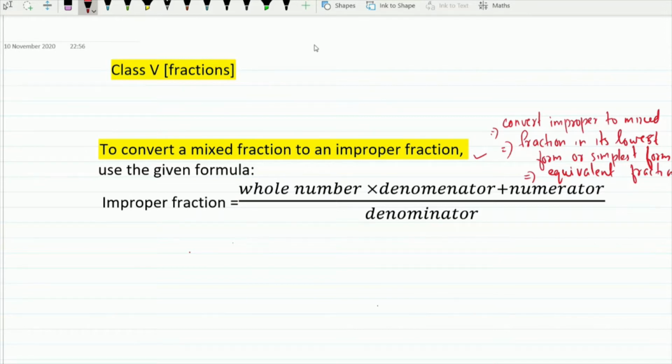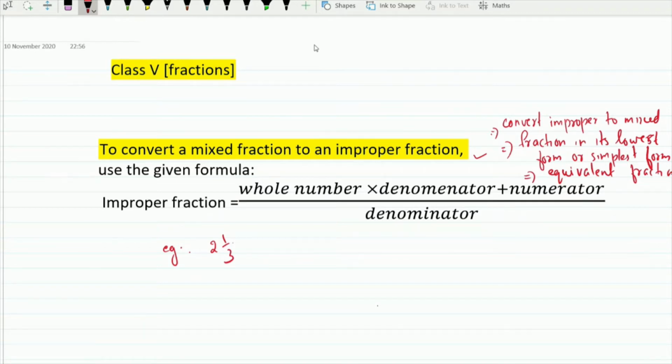So first, how to convert mixed fraction to an improper fraction. Here is given the formula. Improper fraction is equal to whole number into denominator plus numerator by denominator. One example, 2 1/3. It's a mixed fraction.